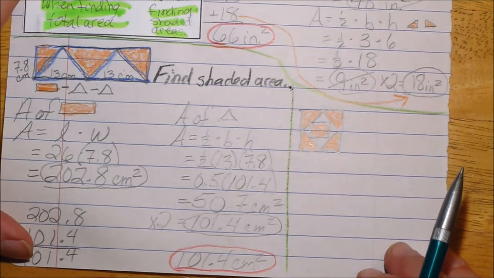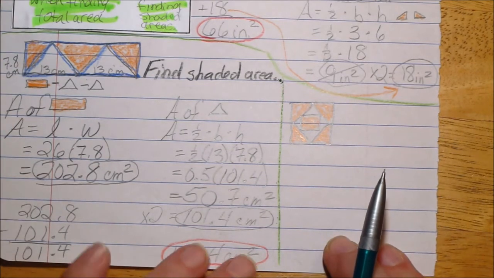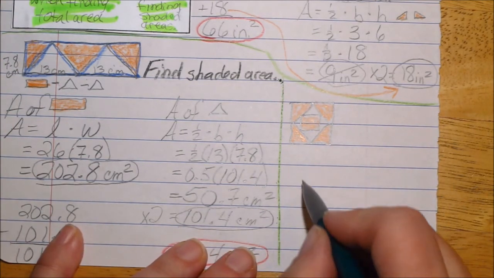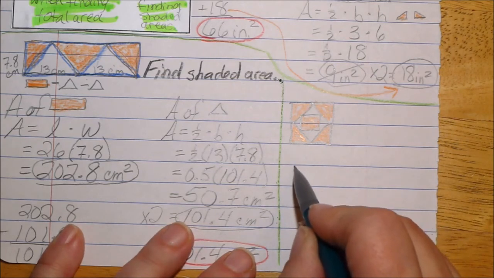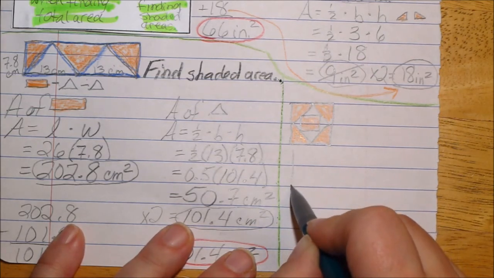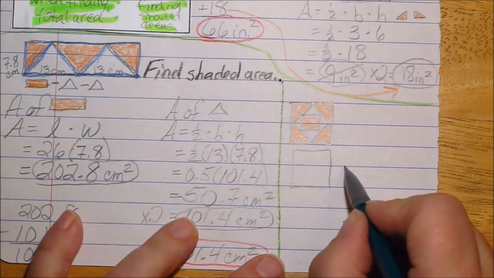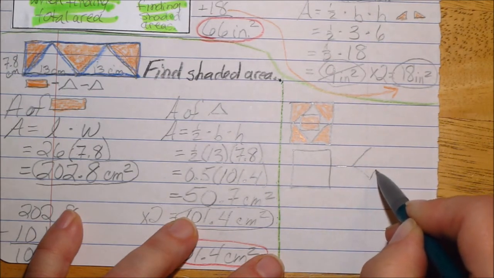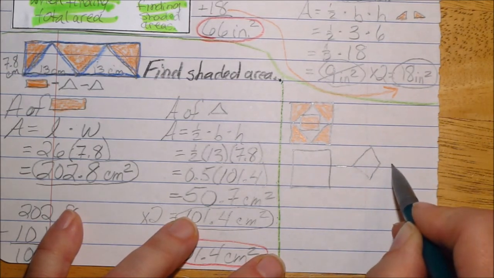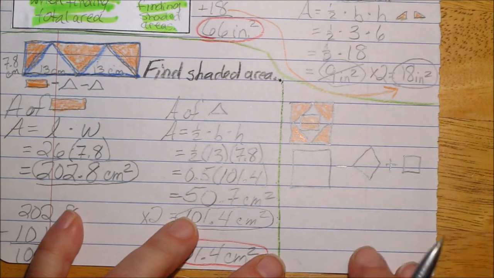So it looks complicated. How would I find the shaded area of that composite figure? Well, what you need to be thinking about is that you have the large square first, find the area of it, minus the smaller diamond in the middle, and then add back in that shaded square in the very center.